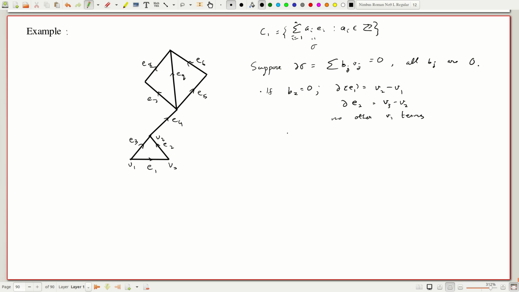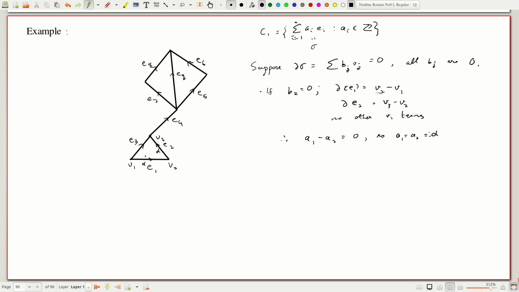Okay, so what this tells you from here is that the coefficient of V2 is A1 minus A2, which is 0. So A1 equals A2. Let's say it is alpha. I'll define this to be alpha. So this coefficient is alpha. This coefficient is also alpha.